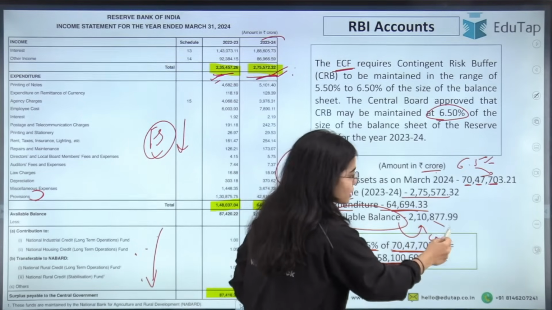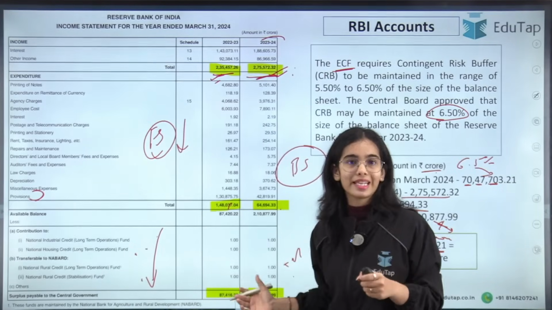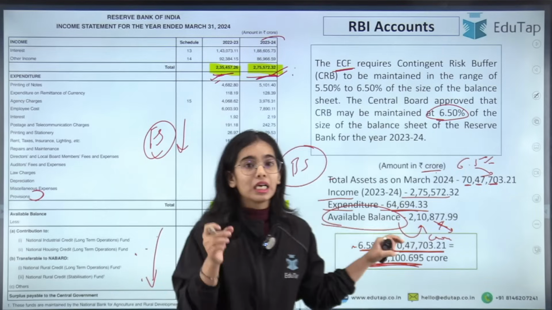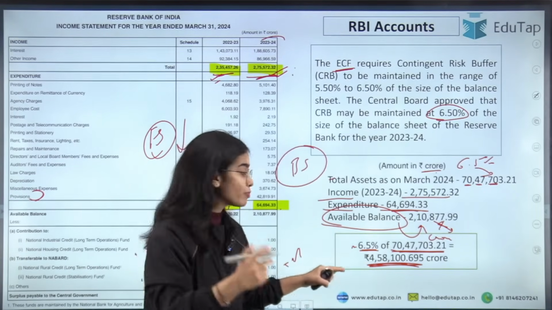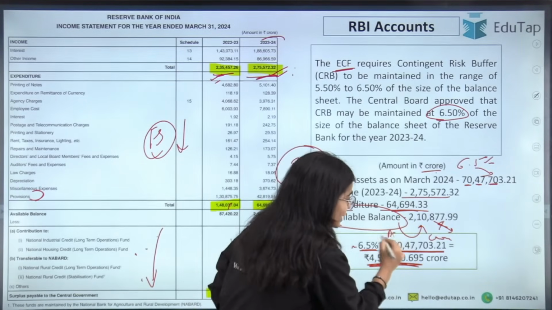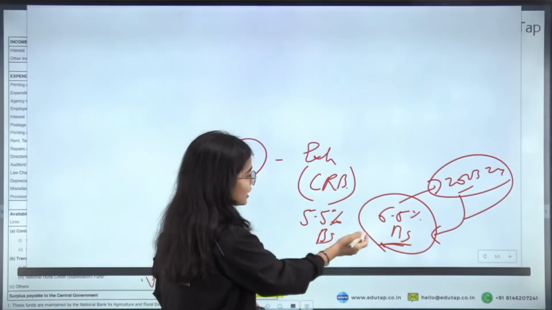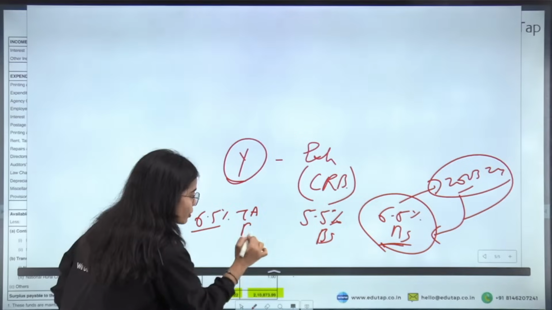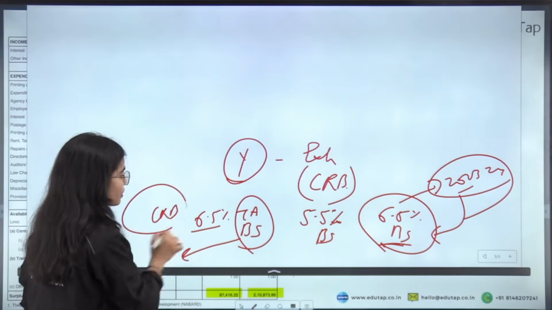If you deduct the 4 crores for the 4 different funds, then this is the surplus being transferred by the RBI to the Government of India. The contingent risk buffer is 6.5% of the balance sheet, that is, of the total assets.